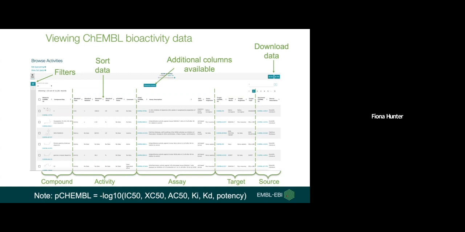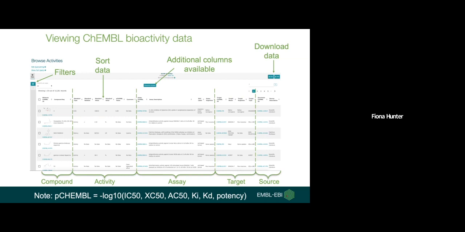So one of the things that can be difficult within bioactivity data, for example, if you're interested in a series of compounds recorded against a particular target, particularly a protein target, is that they often have had activities measured in different units and using different methods. So you might have an IC50 value or a Ki or a Kd, and these all have different units and therefore are difficult to compare.